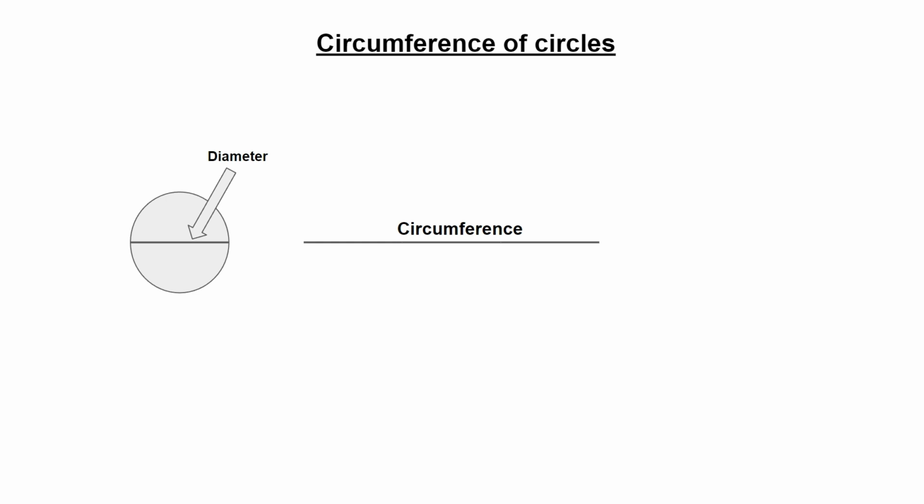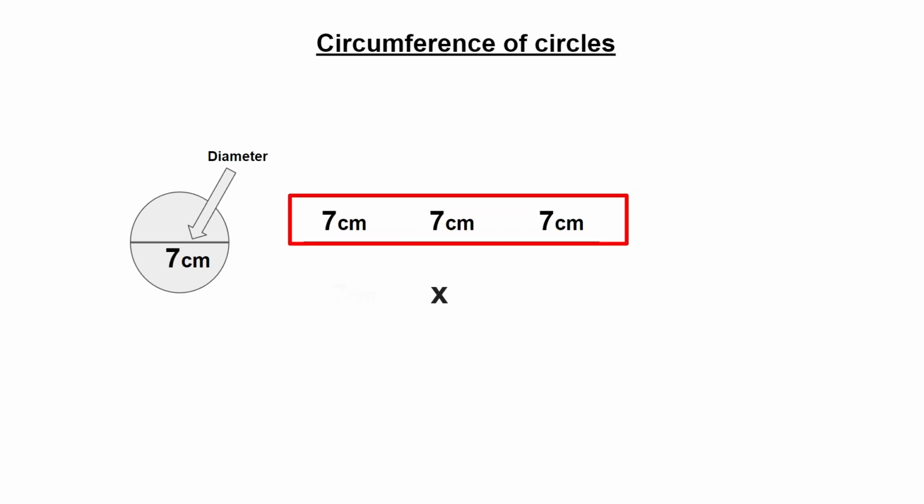For example, if the diameter of the circle is 7 centimeters, by adding 7 centimeters 1, 2, 3 times, you will have approximately the circumference of that circle. So in this case, multiplying the diameter 7 by 3 gives us 21. So multiplying a circle's diameter by 3 gets us close to the circumference of that circle.